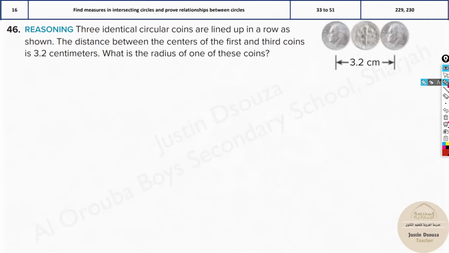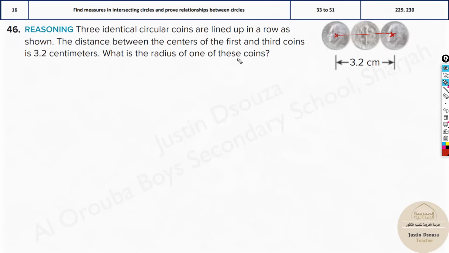And now this one, I remember doing this in my class during revision. Over here, one of the students told it accurately. It's very simple. 3 identical circular coins are lined up in a row. The distance between the centers of the first and the third coin is 3.2. What is the radius of one of these?